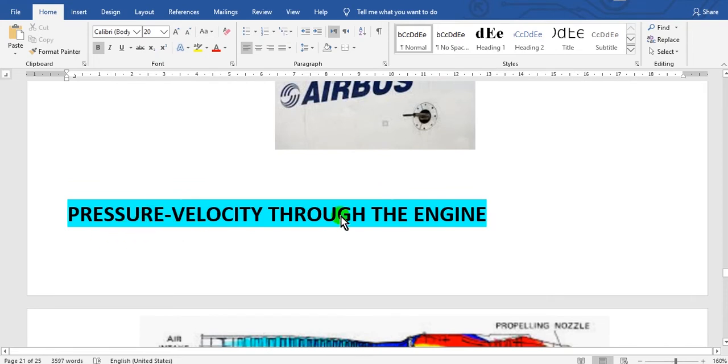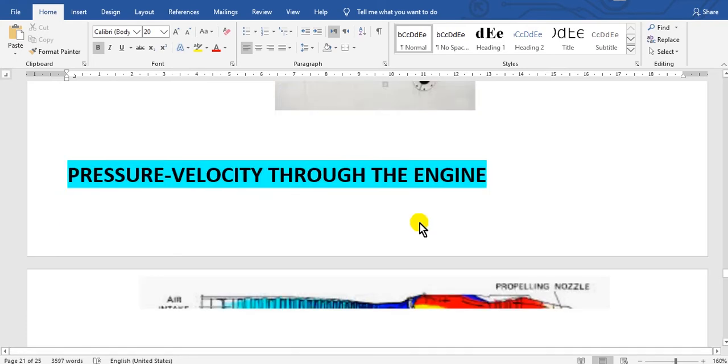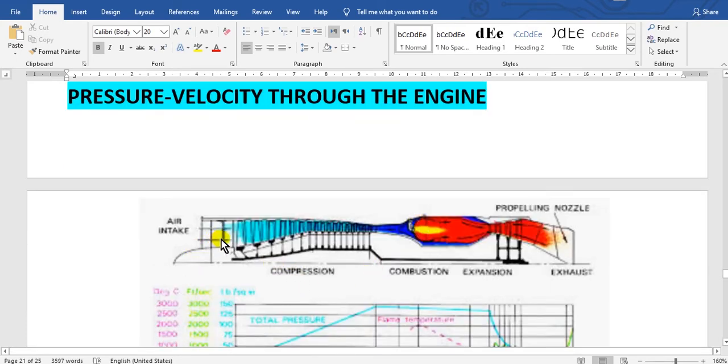Here is the distribution of the pressure and velocity through the engine. Here is the compression, the pressure increases, and then stays constant. Then at the turbine, the pressure decreases.